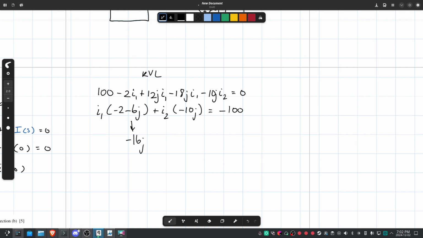I don't know how I got that. This line is fine, but then I wrote negative 16J for that. That's awesome. I'm horrible. I make a lot of very silly mistakes. I'm fine with this. I can't do algebra for the life of me.